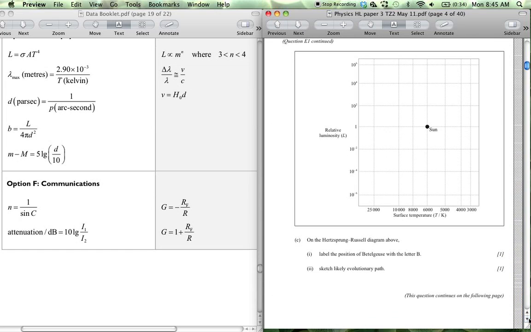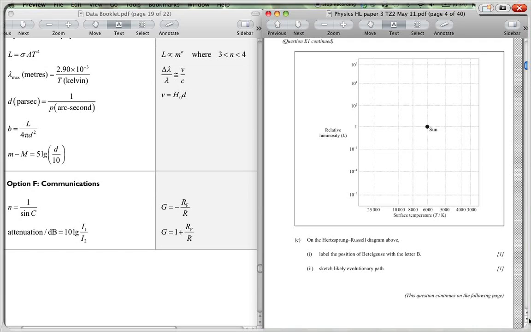So it says on the Hertzsprung-Russell diagram above, label the position of Betelgeuse with the letter B. So we know the relative luminosity. This is the sun.